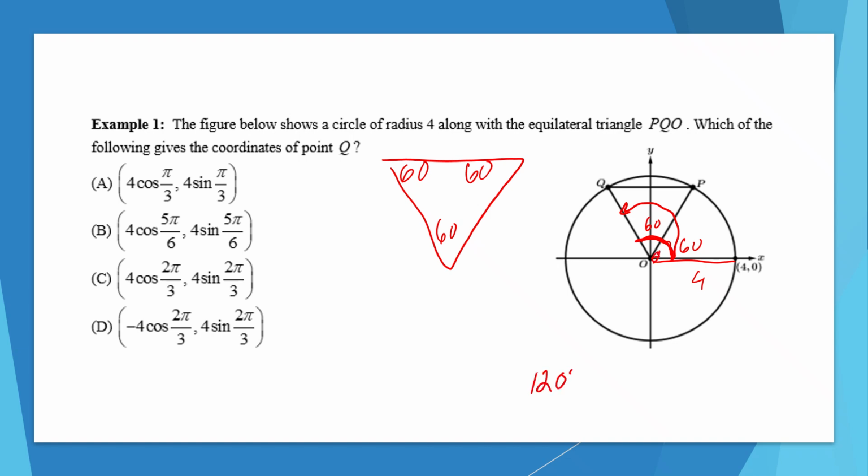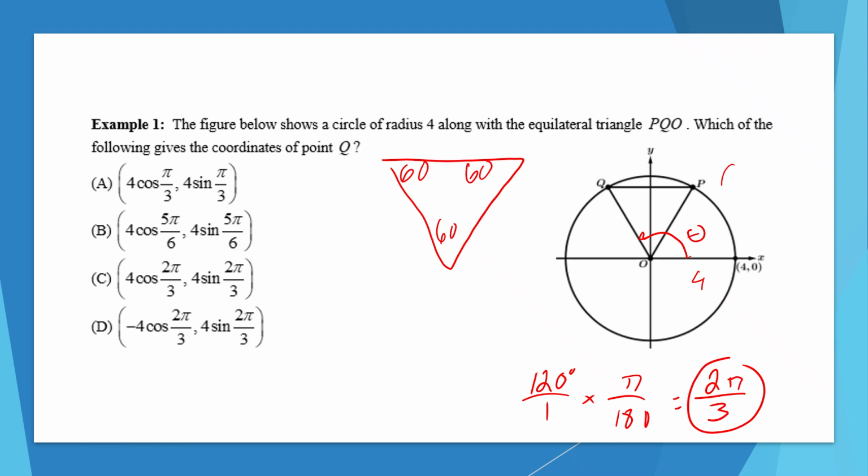What's 120 degrees, though, in radians? Here, if we multiply it by pi over 180, you would get 2 pi over 3. So that's going to be our theta measure in radians. Let me label that now on the graph. So here, theta is equal to 2 pi over 3.